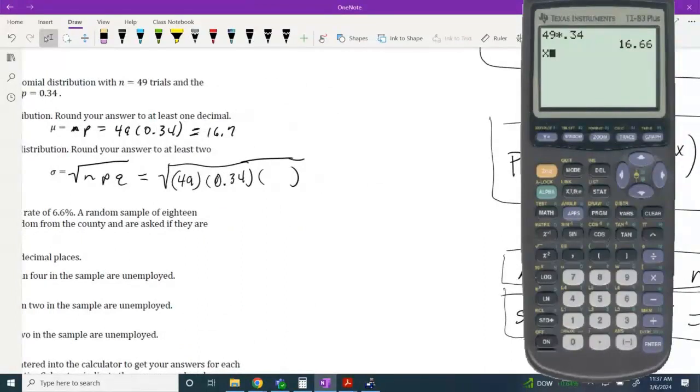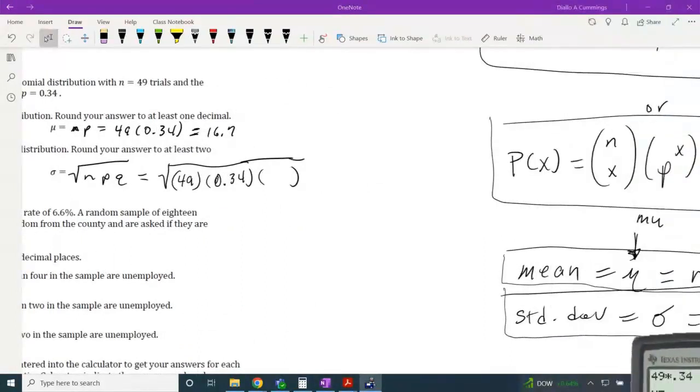Remember from our formulas, q is equal to 1 minus p, and p is 0.34. So q is equal to 1 minus 0.34, and 1 minus 0.34 is 0.66.